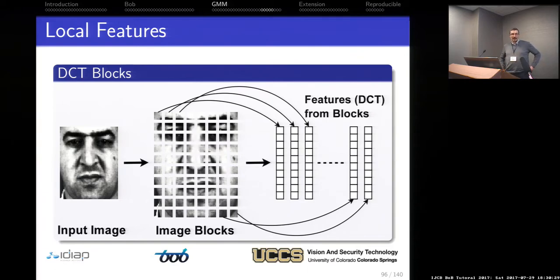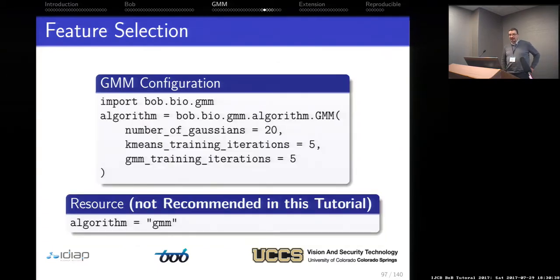Okay, in our hands-on, as I said before, we will use the DCT blocks features and the GMM algorithm. Before, we have only used resources that are defined in other packages. Here we now instantiate an object of the GMM class to actually do the computation.